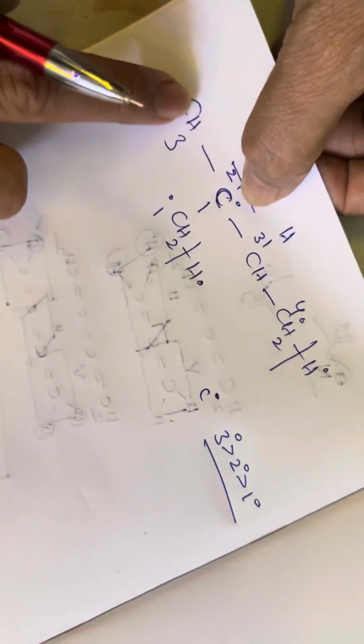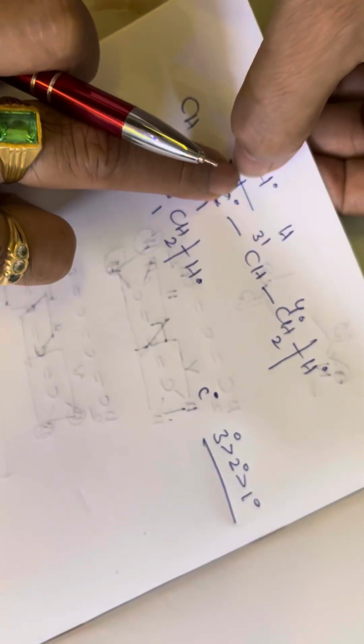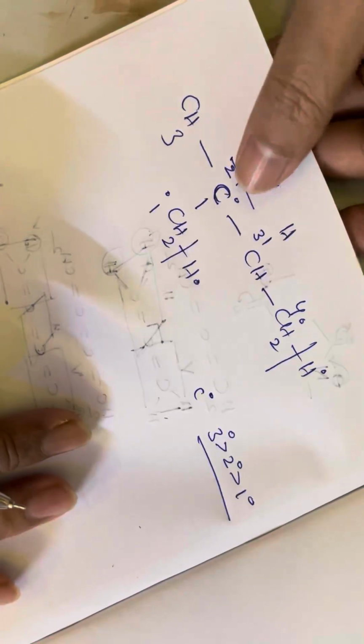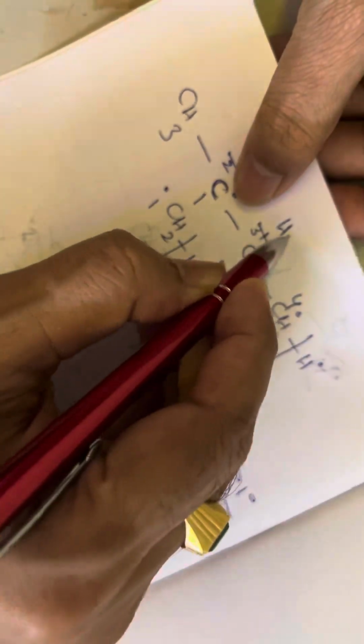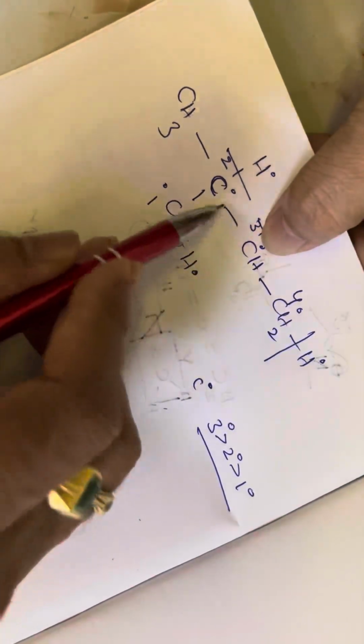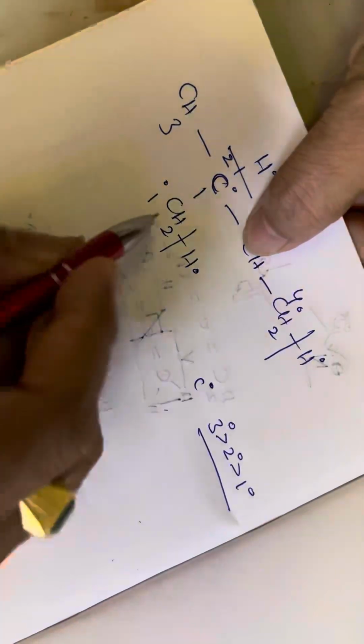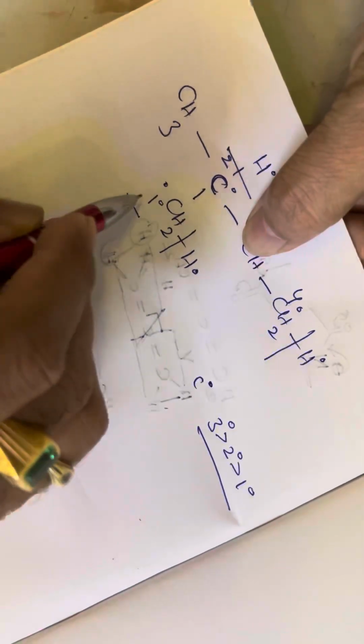Around this carbon, 3 carbons are attached. Therefore, it's easy here. Then 2 degree: if this goes as an H radical, now a C radical will form. So this is second place, easy. And primary, either this or this are primary.